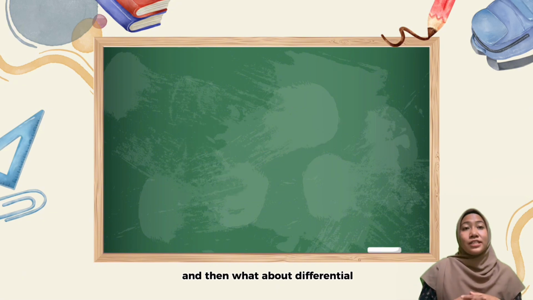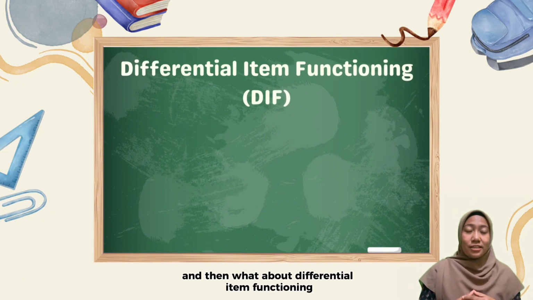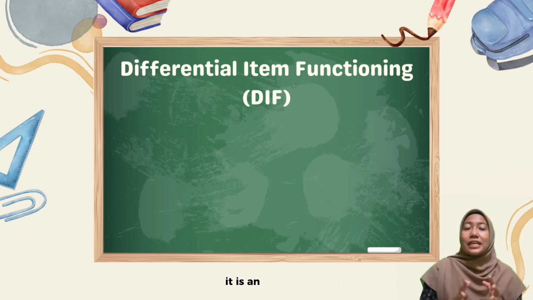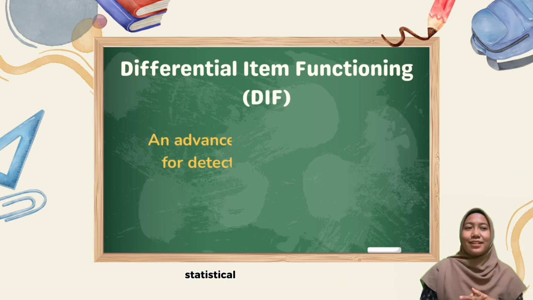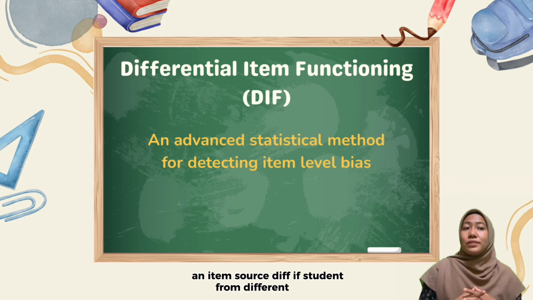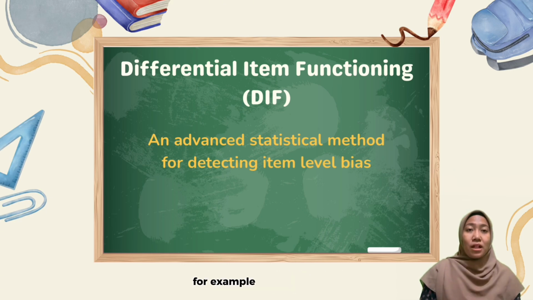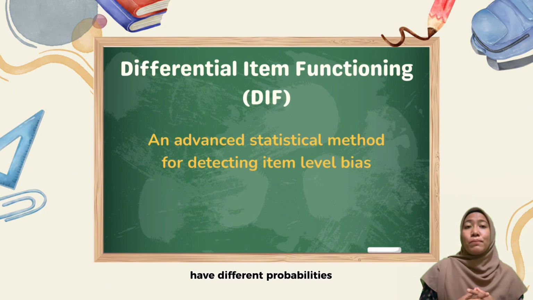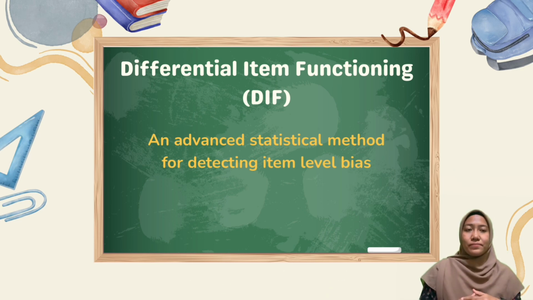And then what about differential item functioning, or what we know as DIF? It is an advanced statistical method for detecting item-level bias. An item shows DIF if students from different groups, for example, male and female, with the same underlying ability have different probabilities of answering it correctly.